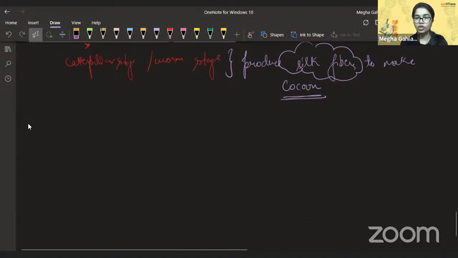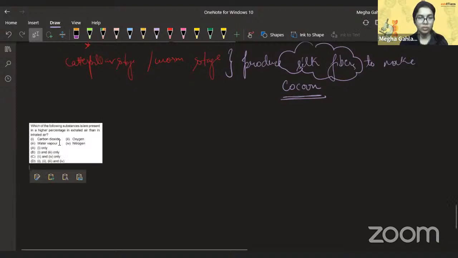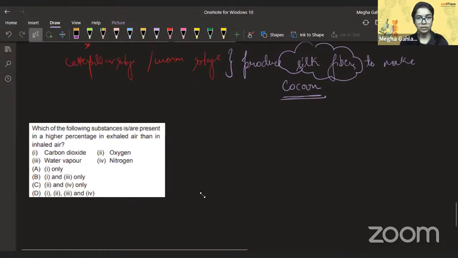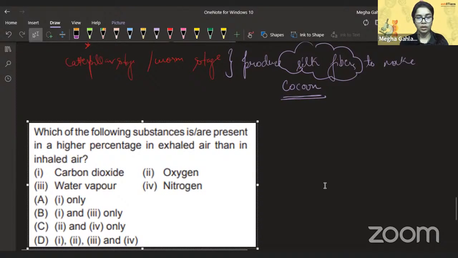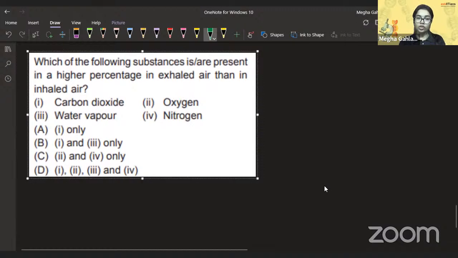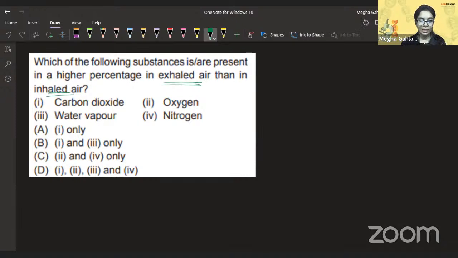So we have section 2, another question: which of the following substances are present in higher percentage in the exhaled air than the inhaled air? Now remember, we are doing a comparison between the exhaled air and the inhaled air, right?